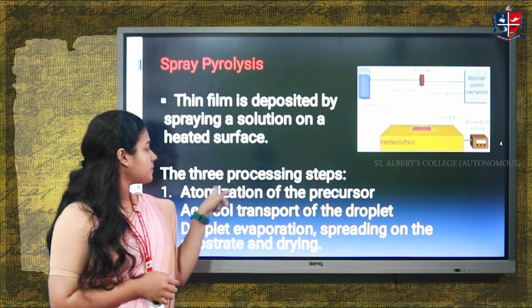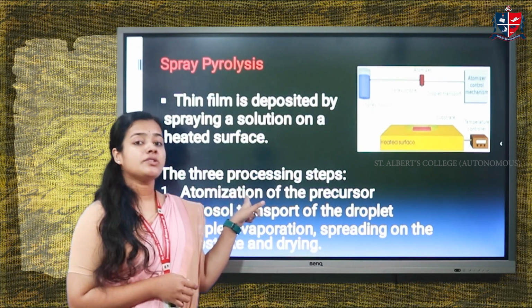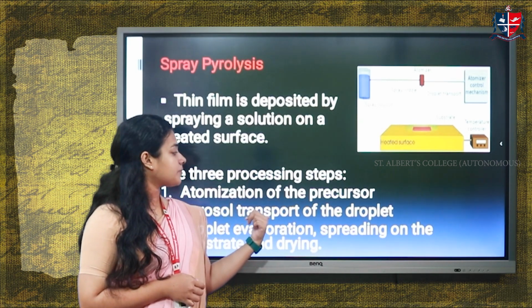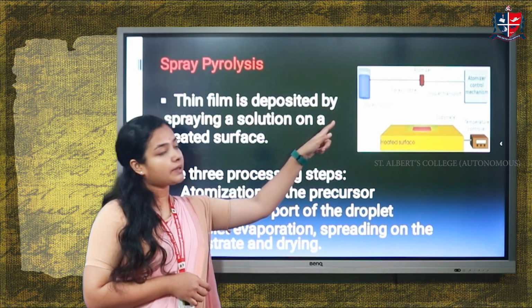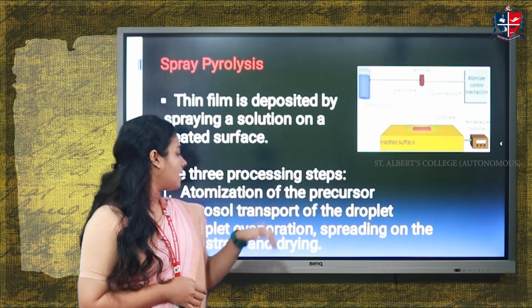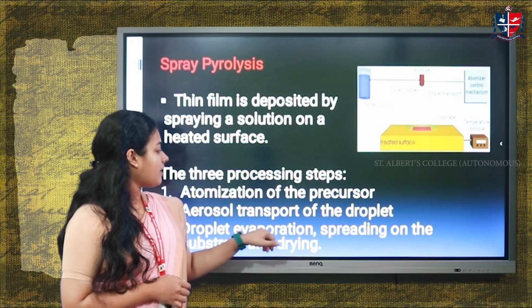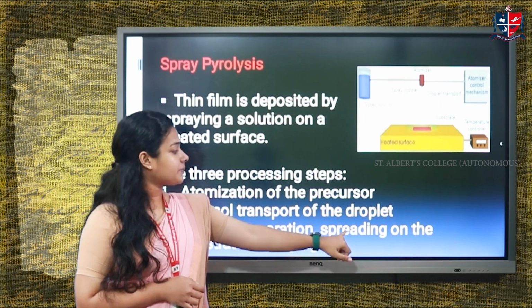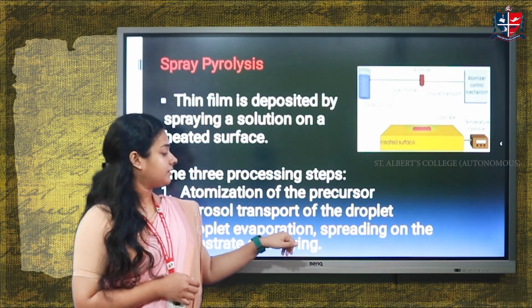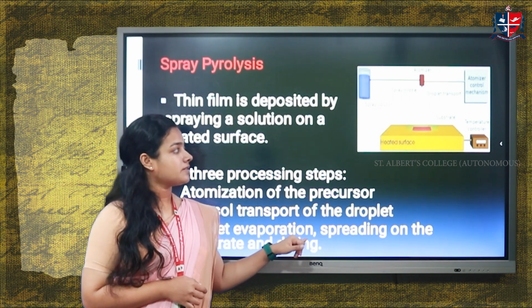So there are three steps for this. First one is atomization of the precursor solution, and the second one is the aerosol transport of the droplets. Then the droplets have to be transported to the heated substrate. From there the droplet evaporation takes place and the spreading on the substrate takes place, and then finally the thin film is dried over the substrate.